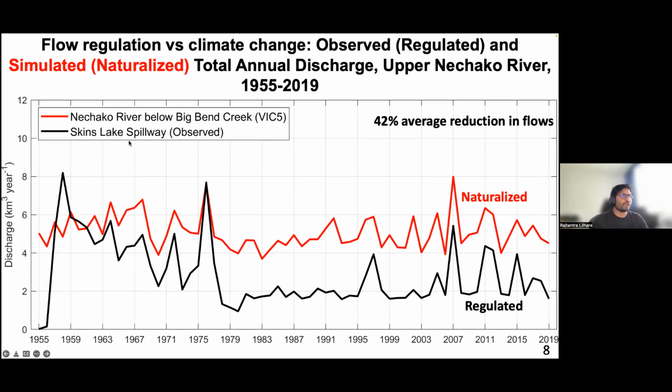Basically, the spillway regulates flow and delivers the regulated flow to the lower part of the Nechako River basin. Here you can see the naturalized flow in red and the regulated flow in black. We saw a 42% average reduction in flows, meaning flow is reduced due to regulation in the lower Nechako.